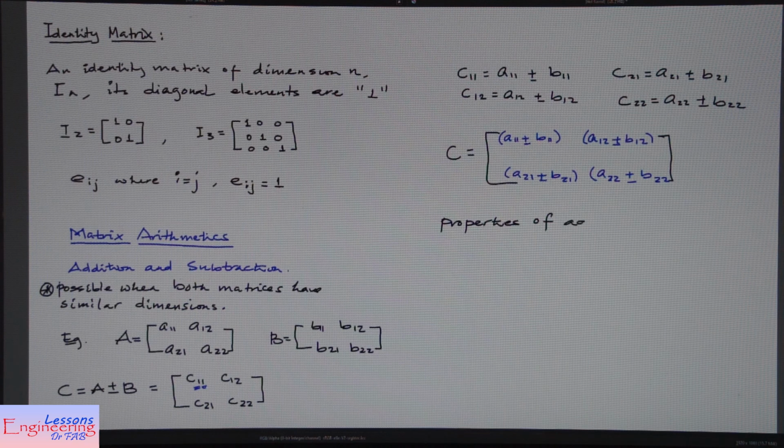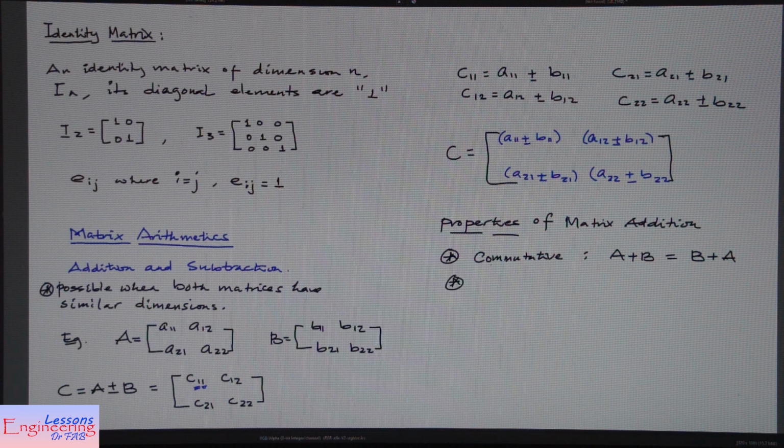Now, addition has some properties. So, properties of matrix addition. Matrix addition is commutative, which means matrix A plus matrix B is equivalent to adding matrix B to matrix A. And the other property, these common properties that we would use time and again, is associativity.